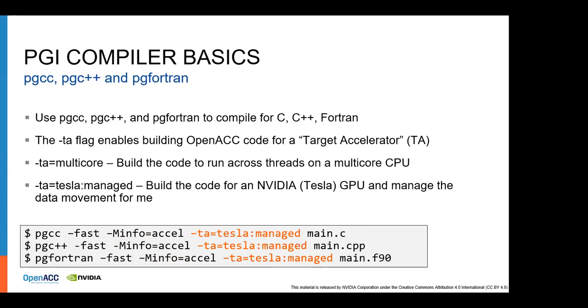So you write -ta=tesla. You could also write -ta=multicore if, instead of running on GPU, you want to run in parallel on CPU. So the same syntax, the same code, now compiled with -ta=multicore, will run parallel, multi-threaded on a CPU.